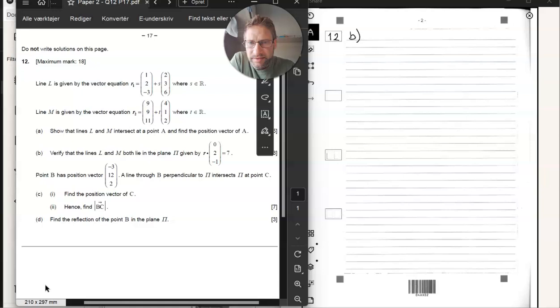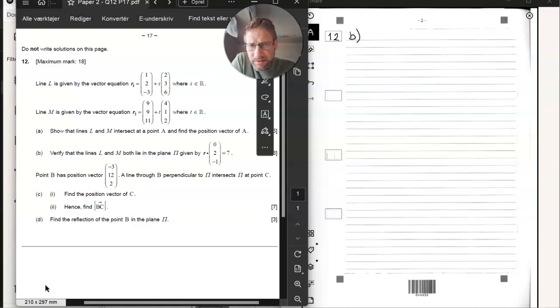It says that r, which we haven't heard of yet, so we imagine r is some arbitrary vector with an x-coordinate, y-coordinate, and z-coordinate, dot scalar product with this vector equals 7.